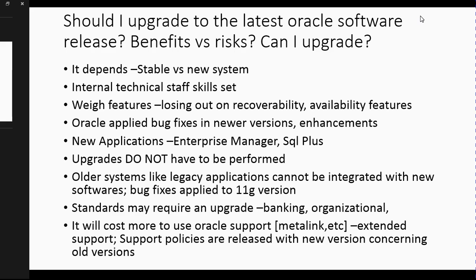That's a really good edge question, actually, and you have to ask yourself that: can you allow yourself not to move from 9i to, let's say, 11g R2, which is a more commonly used version? Again, the feature sets as far as recoverability and availability for those two versions are night and day.